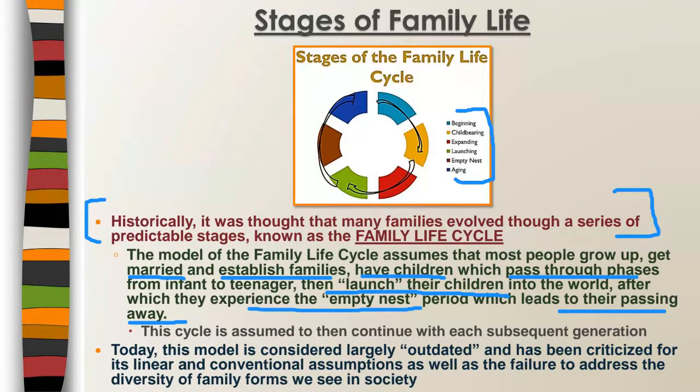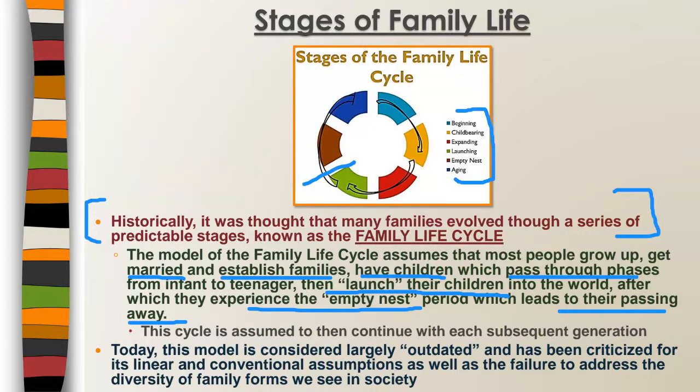Where do they fit into this? And even, and this has been more recent, a lot of 20-somethings after they graduate college or even during college will move back in with their parents. So that gets in the way of the empty nest period and the launching period of this cycle.